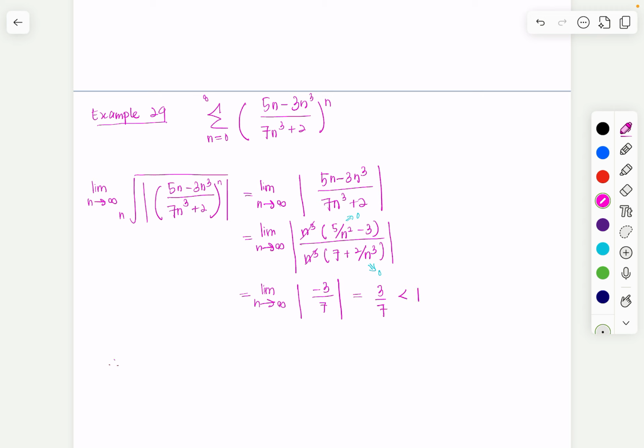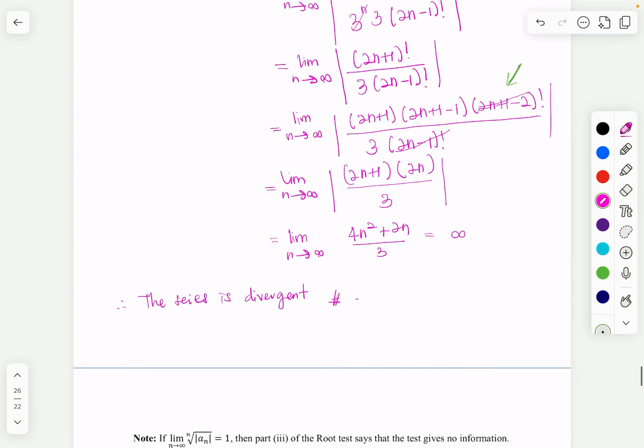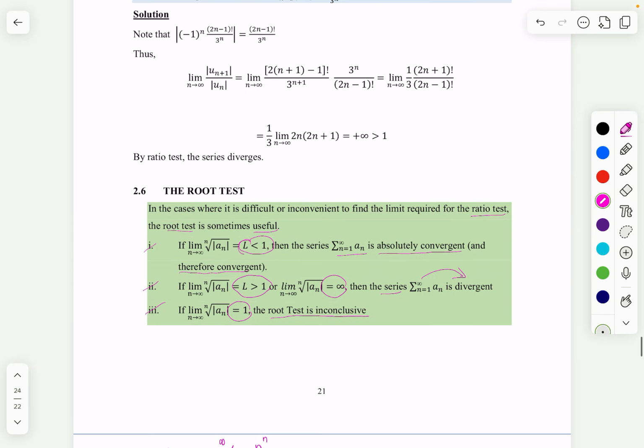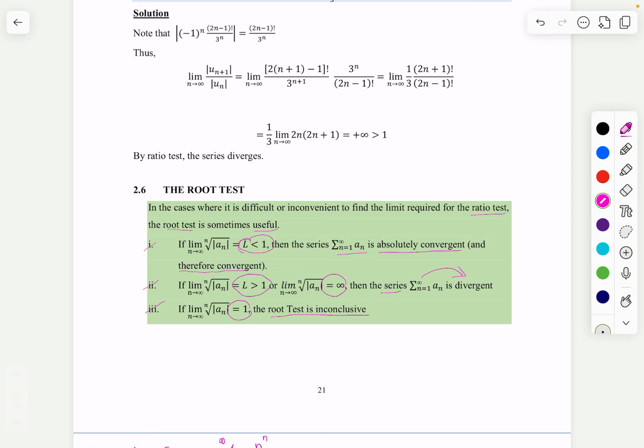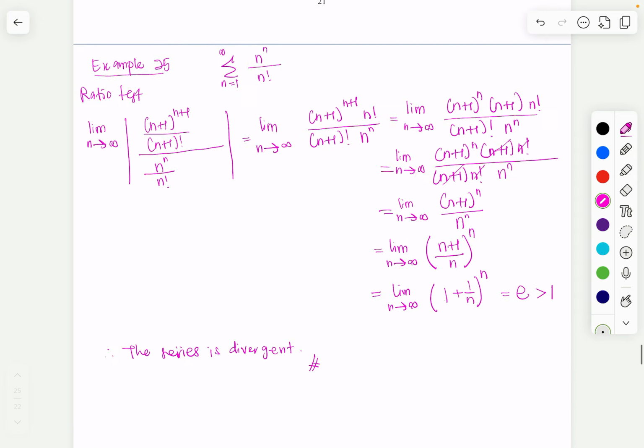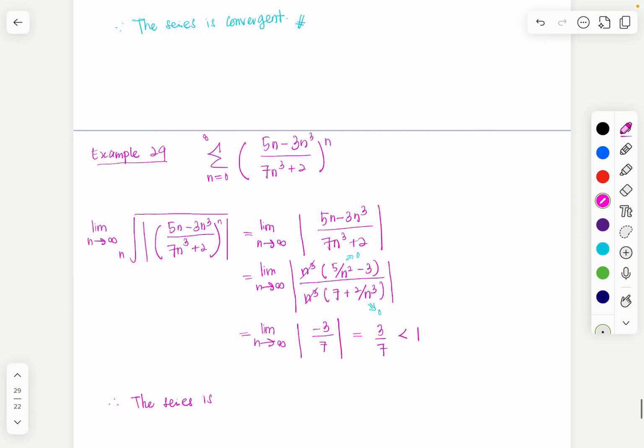So by the condition of the root test, therefore the series is convergent, or you can say that the series is absolutely convergent and therefore it is also convergent. Let's look at the condition back. Okay, the series is absolutely convergent and therefore it is convergent.